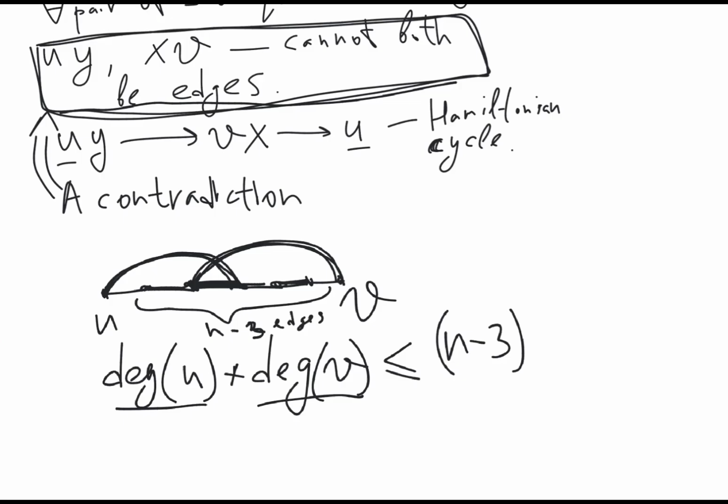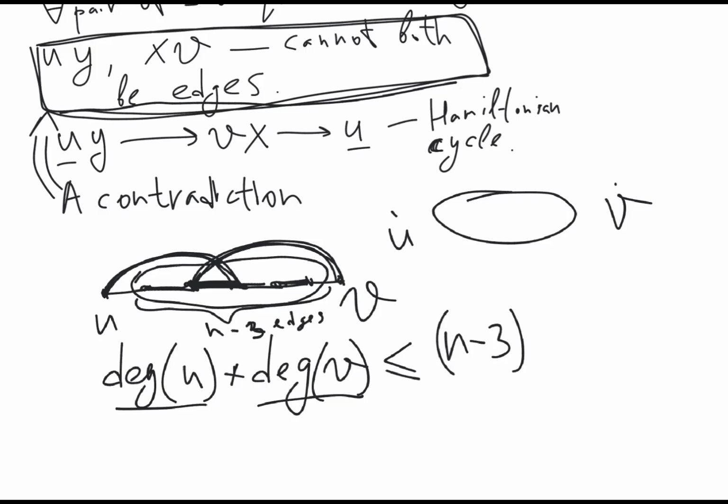So then the number of edges, let's put it this way. So here are u and v, and here all the other vertices. There are two special edges from u to the next one in this path, and from v to the previous one in this path.